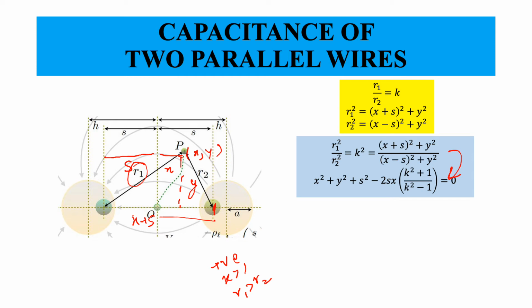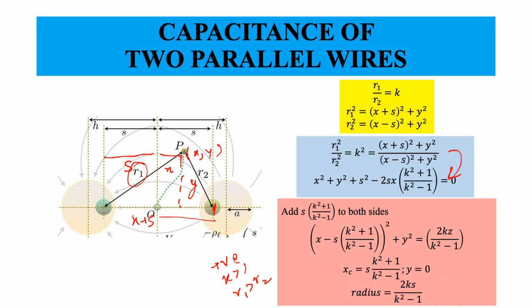If you see, I have x square, s square, 2sx. So I add to both sides s square times (k square plus 1) by (k square minus 1). Why? Because this looks like x square, s square, 2sx.